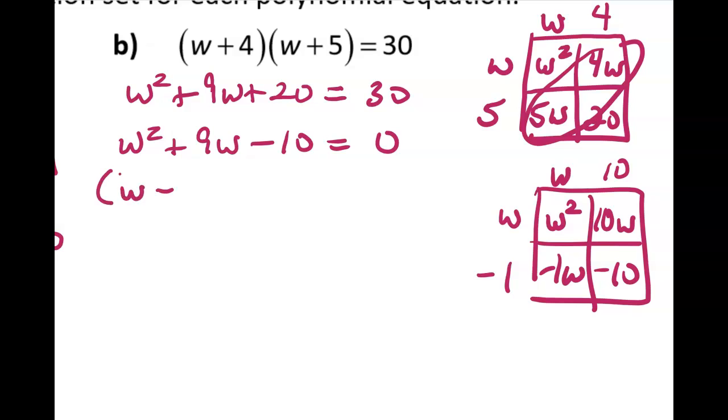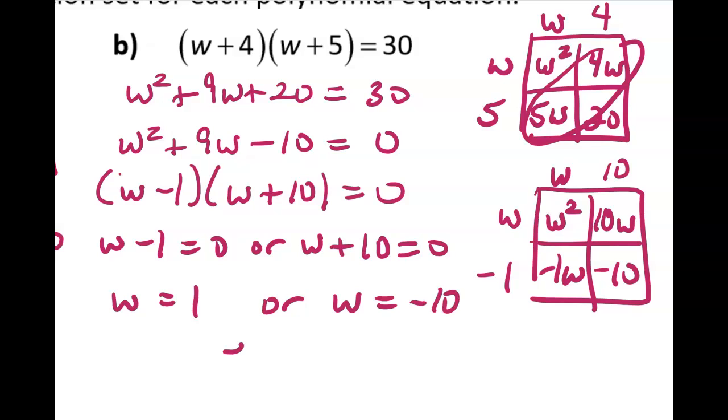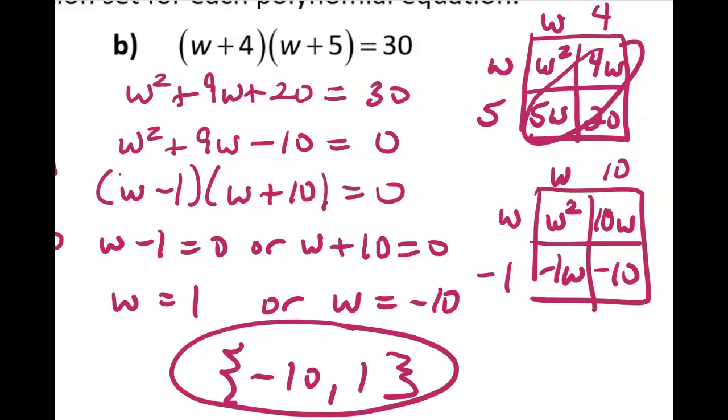So our factors are w minus 1 times w plus 10. And that gives us two solutions, negative 10 and 1.